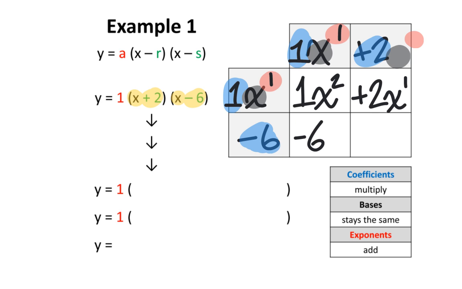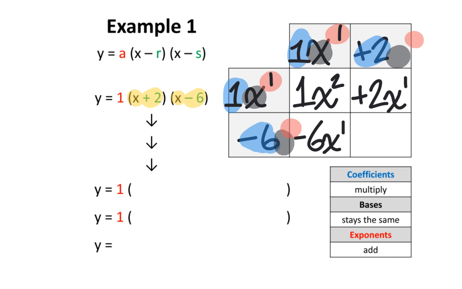There is no base. So that base of x is going to stay the same. So I'm going to write x over here. Last, we want to take a look at exponents. We already know the exponent of this term is 1, but what about this term? Since there is no base, that means there is no exponent. So that exponent of 1 is going to stay the same. So I'm going to write a 1 right over here.